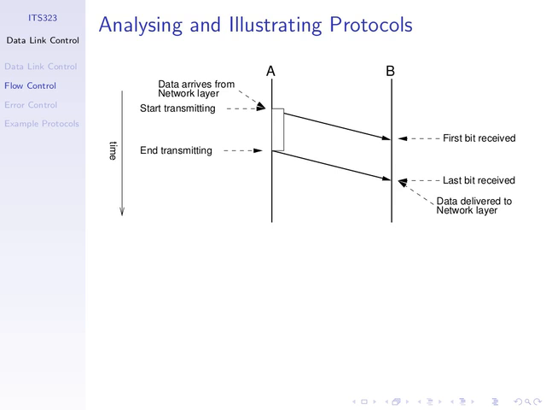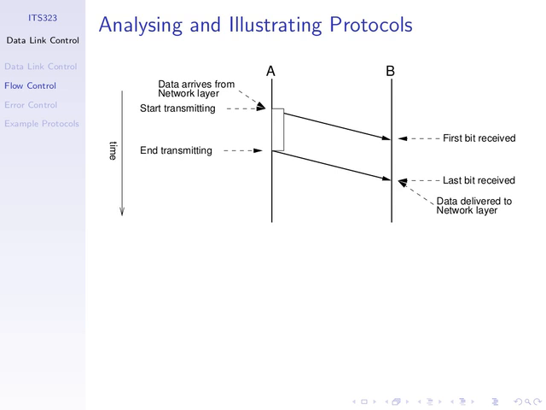And the third bit and the fourth bit and the last bit is transmitted at this point in time, because we transmit the frame bit by bit. The first bit, the second bit, and the last bit propagates, and the last bit of the frame is received here. So in fact, from the receiver's perspective, the thing that's important is when is the entire frame received.